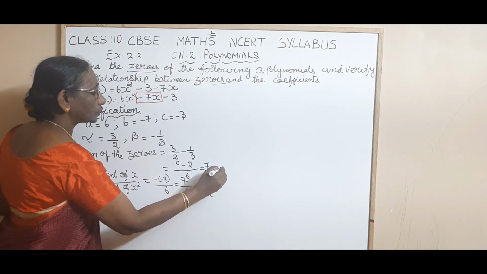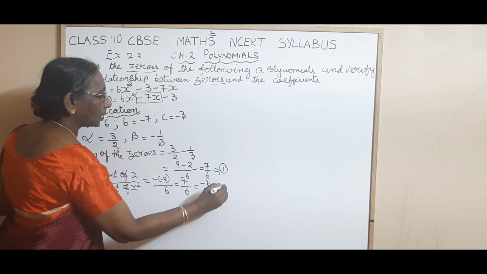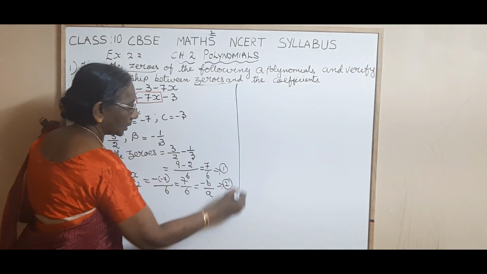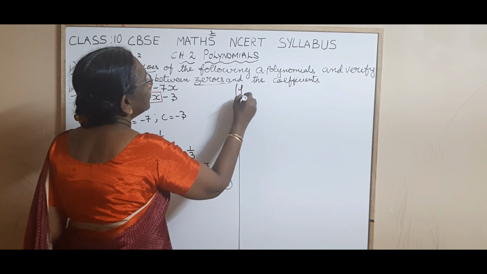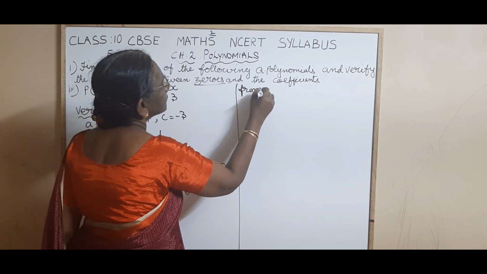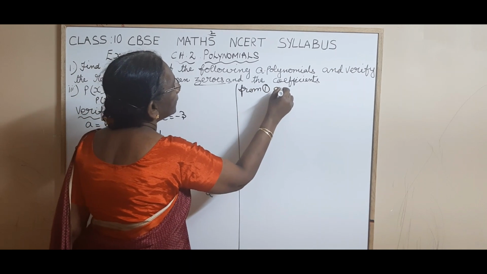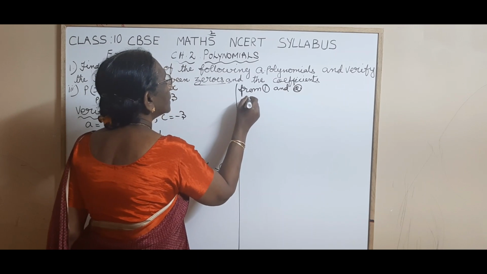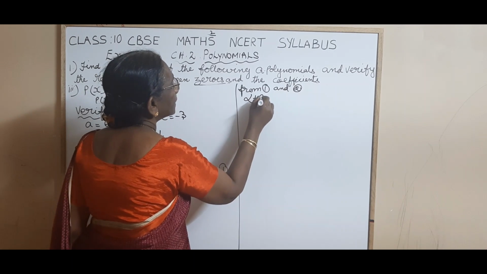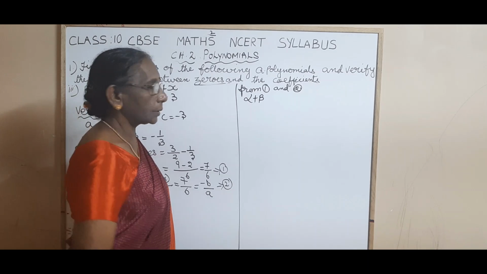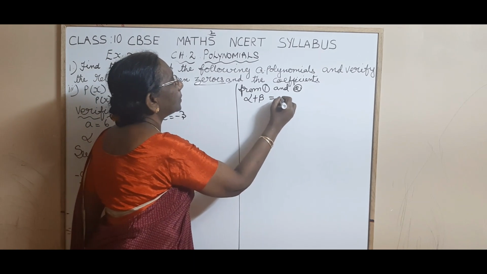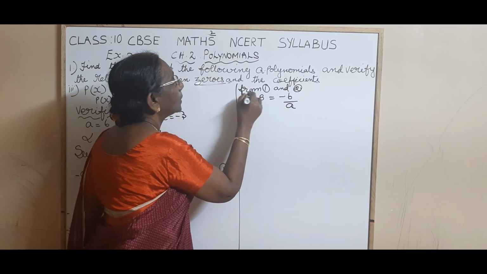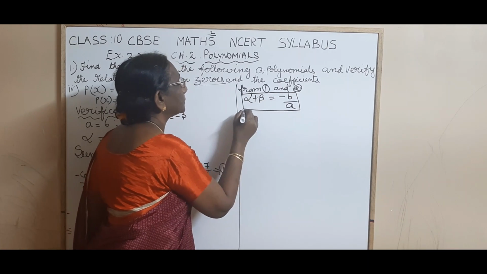So name this as 1, name this as 2. From 1 and 2, alpha plus beta, that is the sum of the zeros, is equal to minus b by a. We have verified this relation.